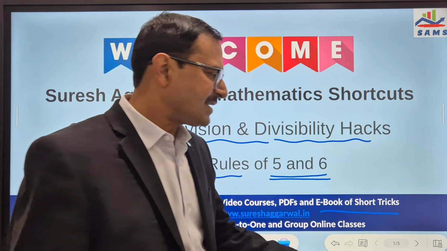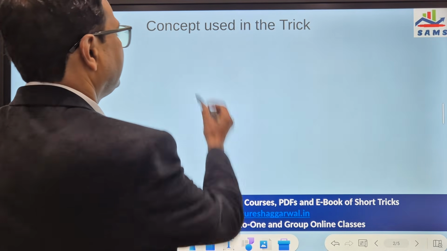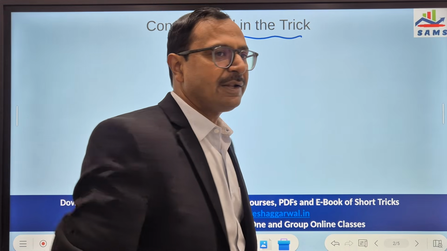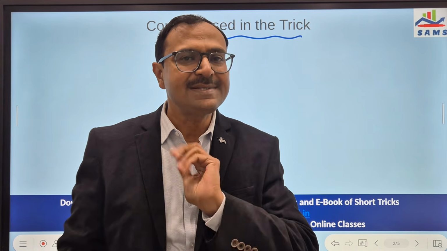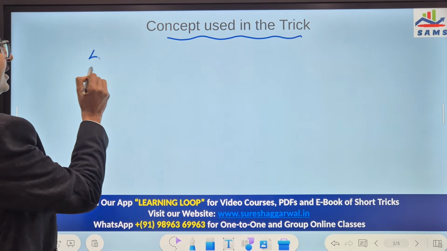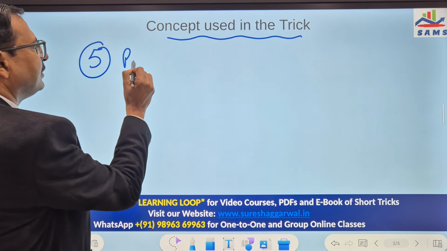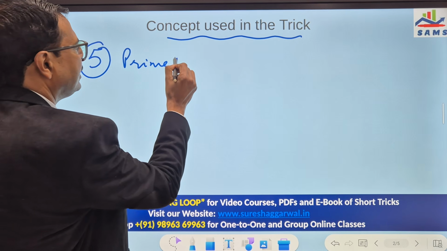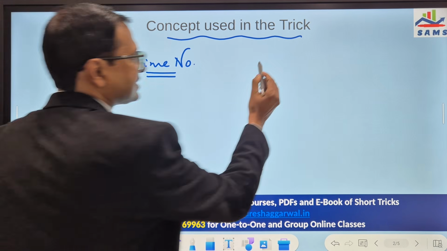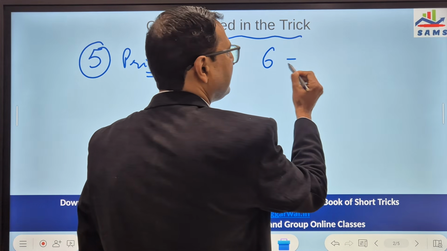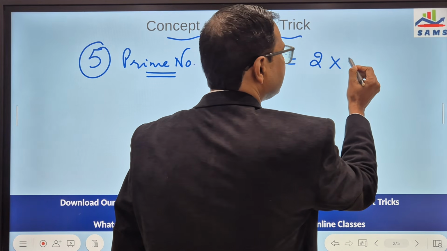So friends, let's understand the concept behind the trick used to find the divisibility of any big number by 5 and by 6. Now 5 actually is a prime number, so the divisibility rule is very simple. But 6 is not a prime number. 6 can be broken down as 2 times 3.